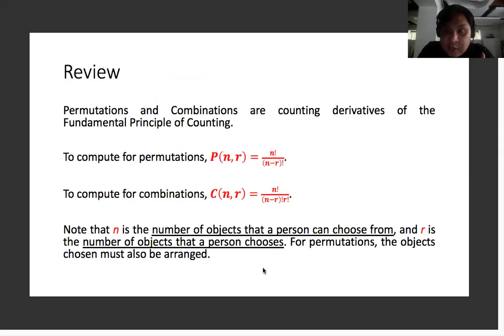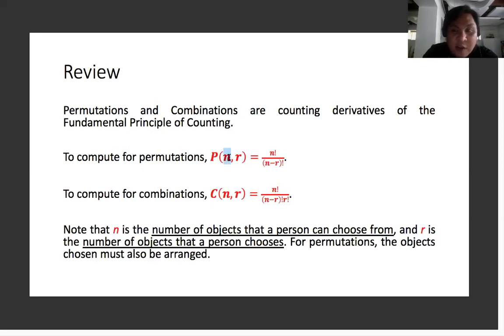The second condition is that all the choices must be together. That means you cannot choose one and then be free not to choose the other. You have to choose all the r objects. For permutations, P n r, when I was looking at the Google Forms and your answers, you would denote it by writing r first before n. Take note of the proper notation.